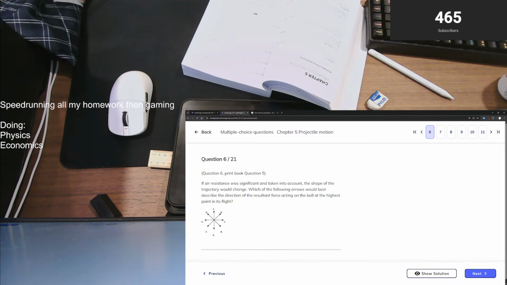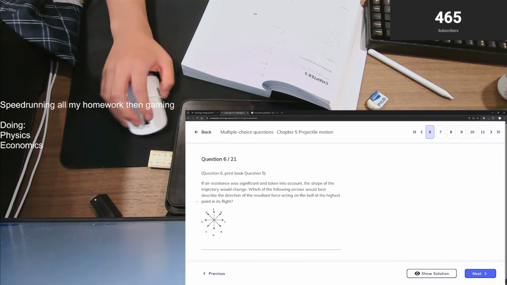Which of the following arrows would best describe the direction of the resultant force acting on the ball at the height? What does that mean? What's significant? Cool? Bro, you're getting banned, bro.